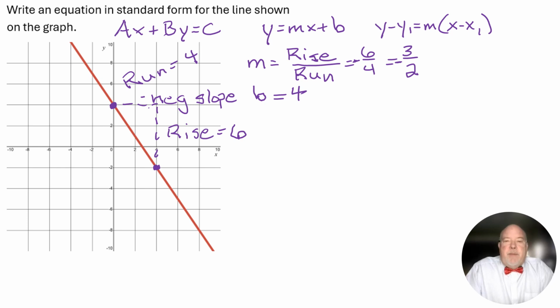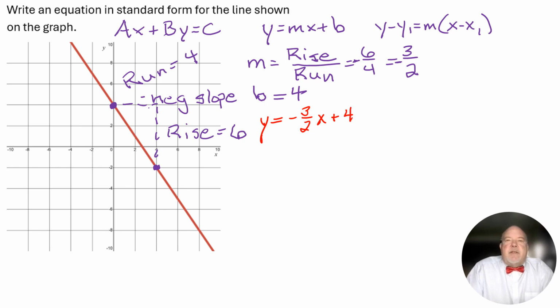All right, so we got m and b. Now I'm going to plug them into the slope-intercept form, and I end up with y equals -3/2 times x, and the y-intercept is 4, positive, so +4.